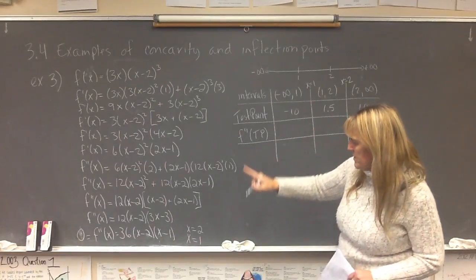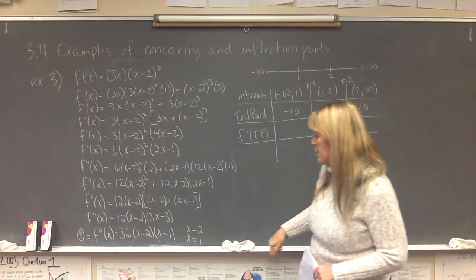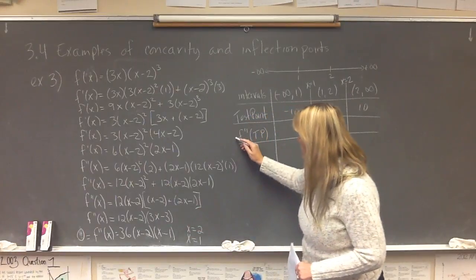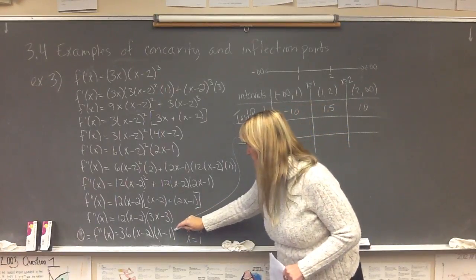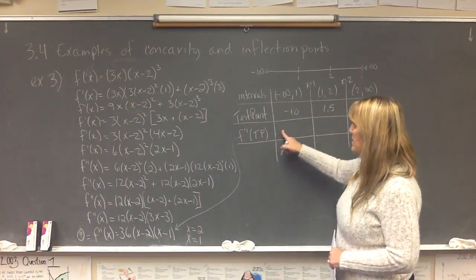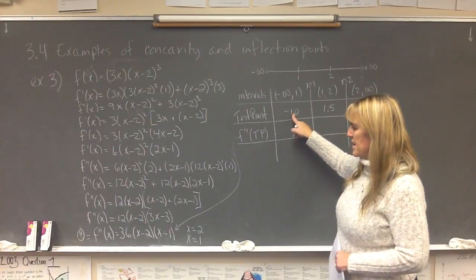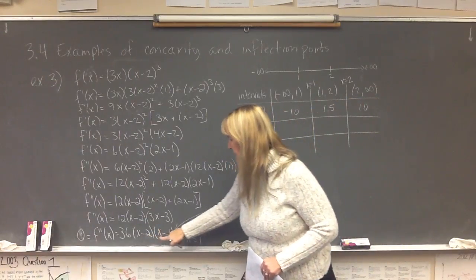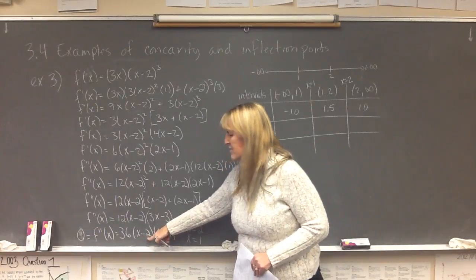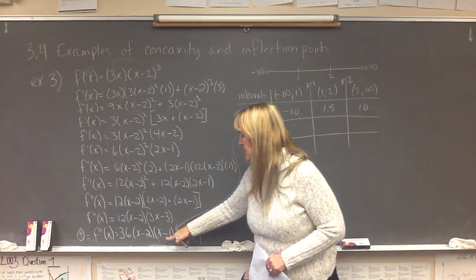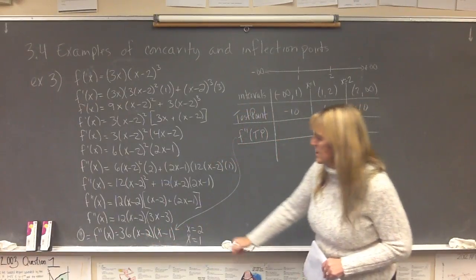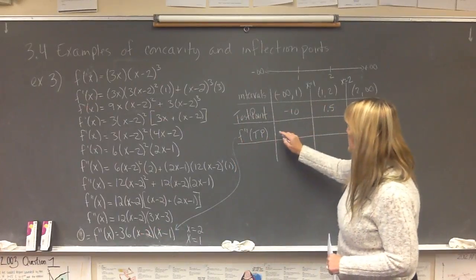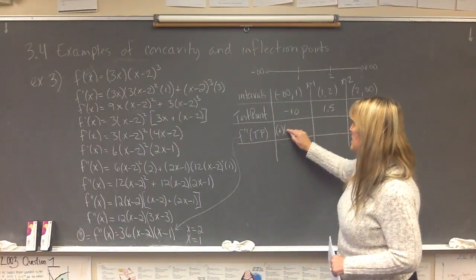Let me see, my second derivative is in really nice factored form all the way down here. So I'm going to be playing with that concept right there when I do my test point. Take a negative 10 and put it into both of these factors. Negative 10 minus 2 makes negative 12. Negative 10 minus 1 makes negative 11. So the 36, of course, is positive. I'm just going to write a positive sign.